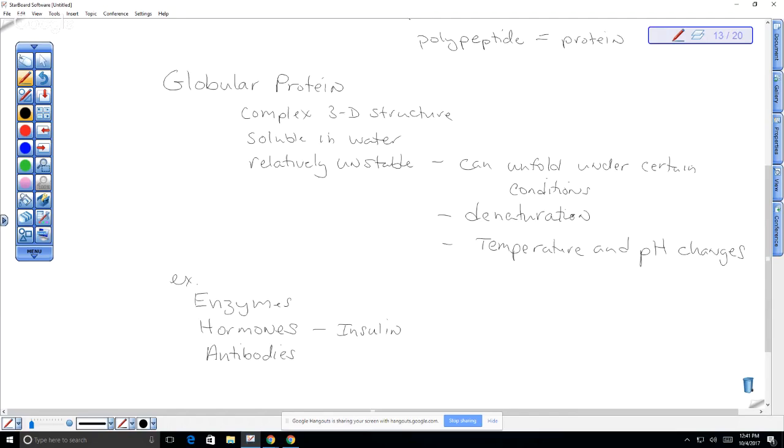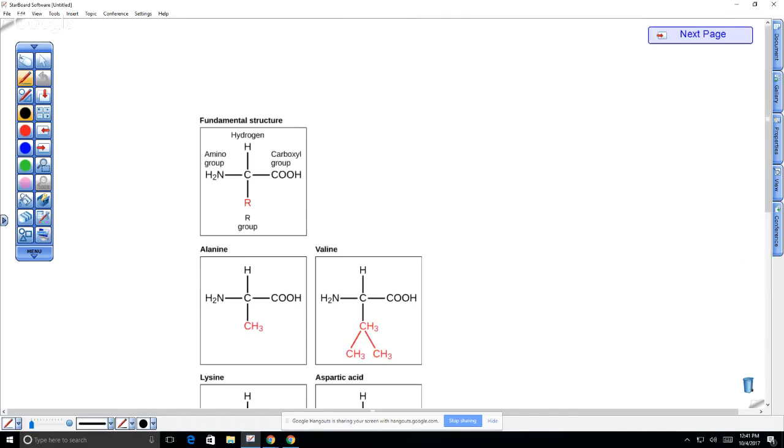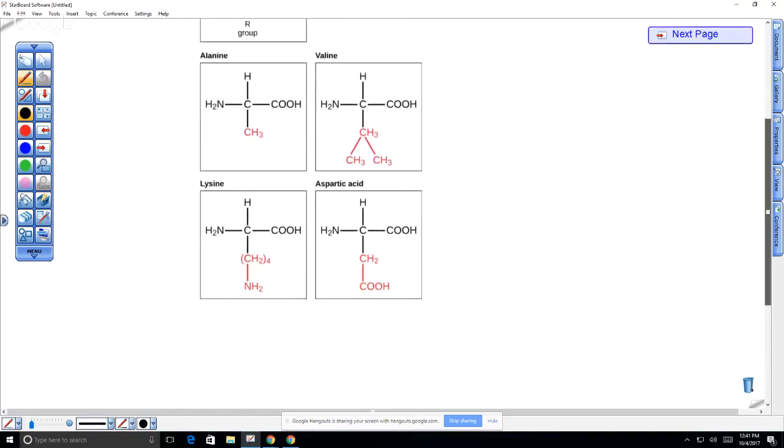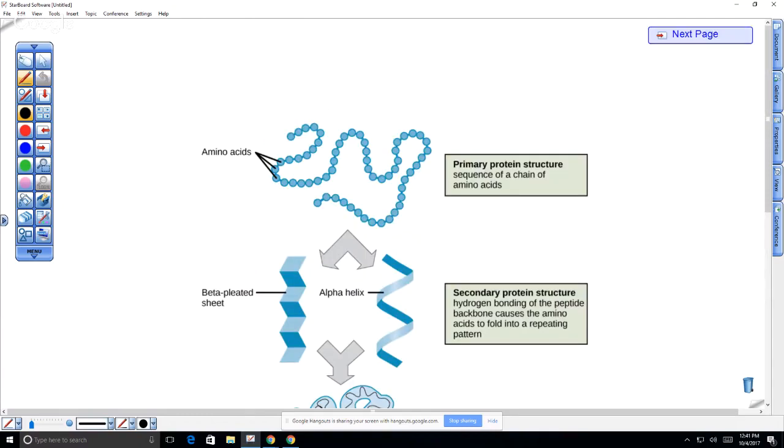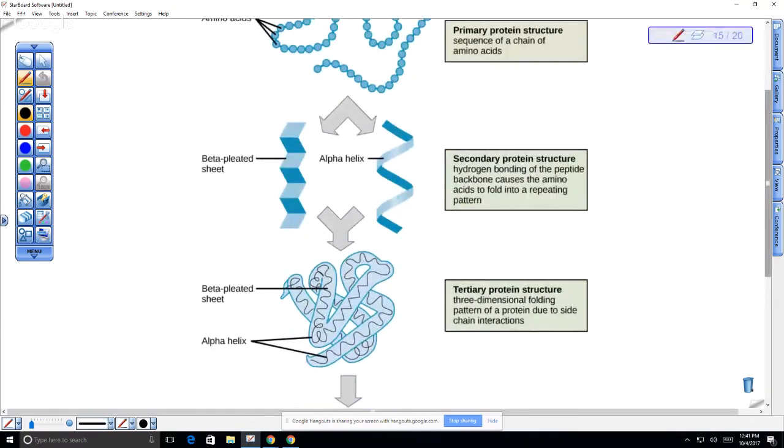If we look at why they get this shape, these are the amino acids. You can take out a water molecule and form a peptide bond between the amino acids. This diagram shows why they get the shape, going from unfolded to more and more complex.